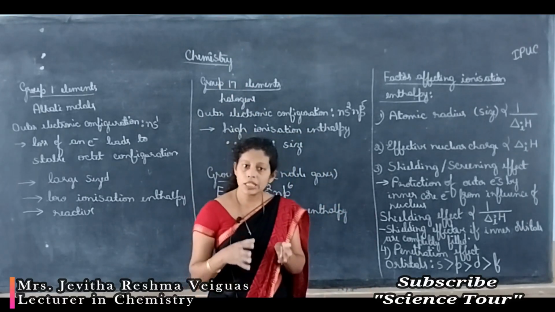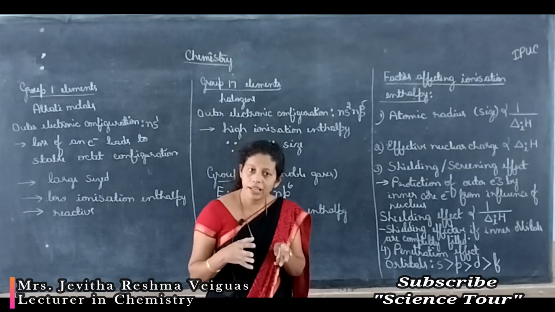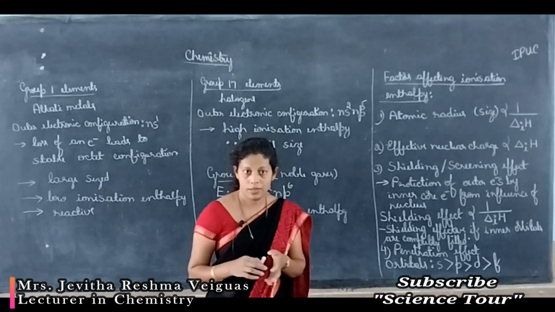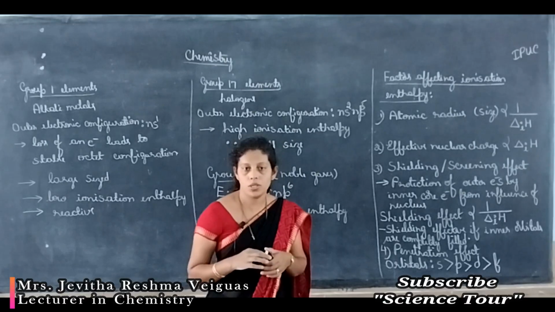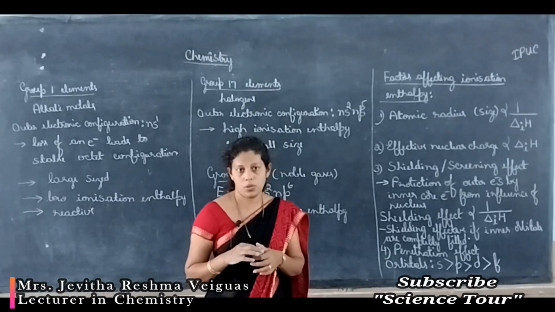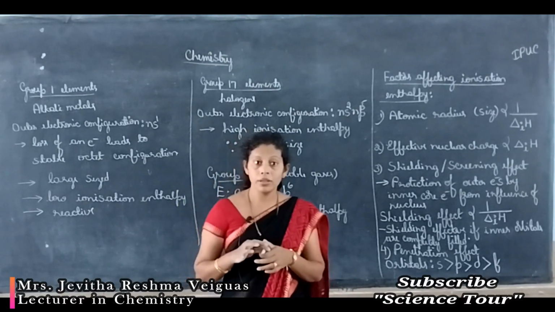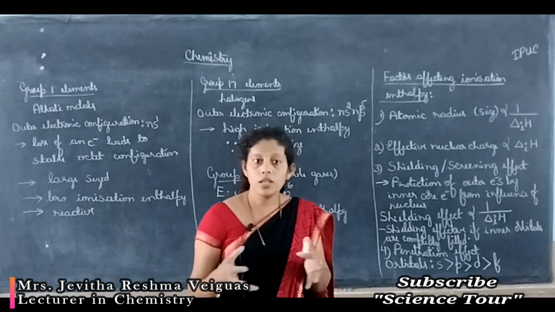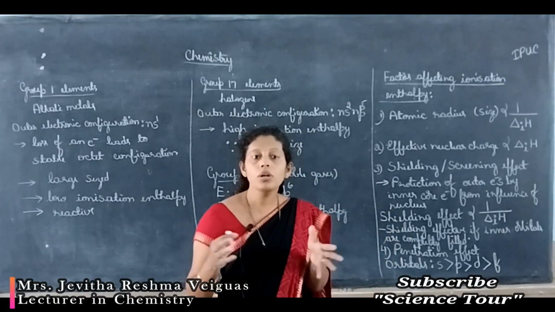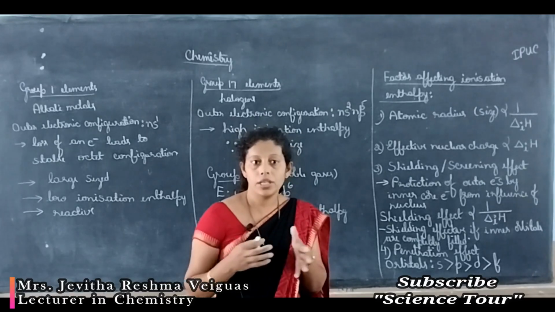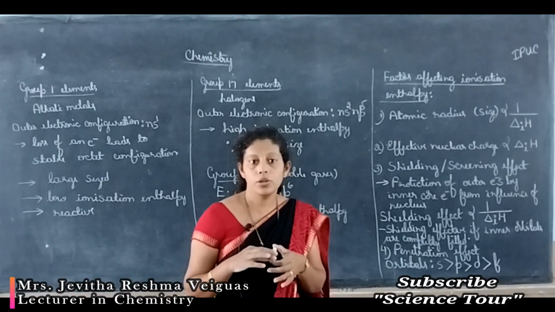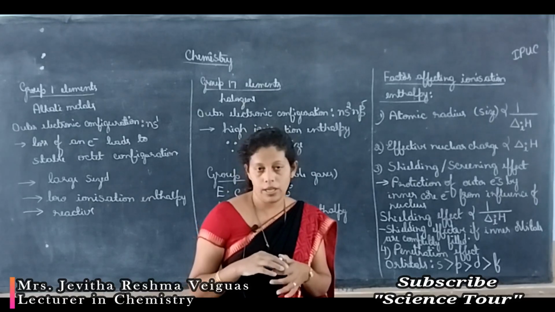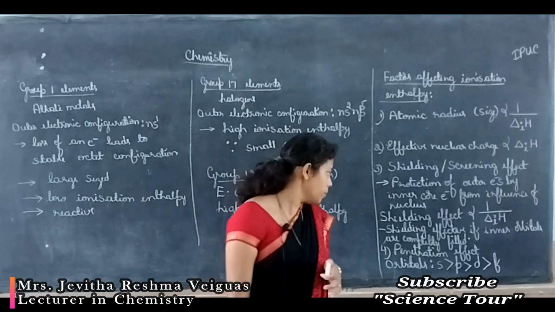In p orbitals, electrons feel less closeness to the nucleus than s electrons, but more than d electrons, than f electrons. So, students remember, one which is more close to the nucleus is more attracted towards the nucleus. So, removal of electron becomes difficult. Ionization enthalpy will be more.